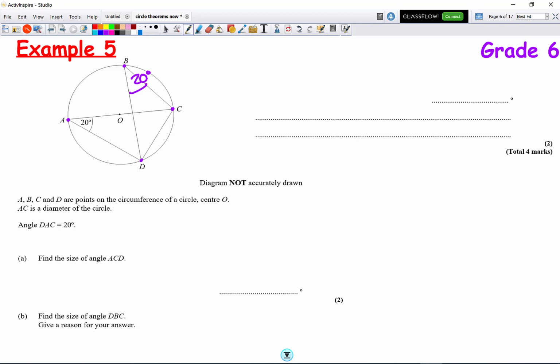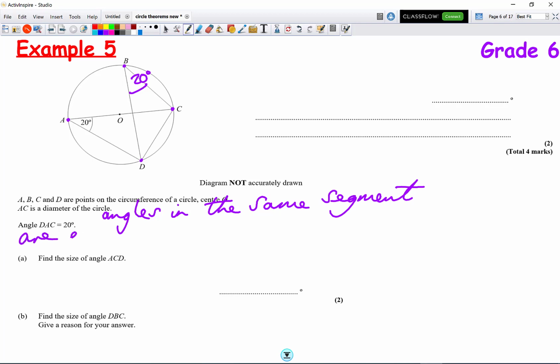So let's write that down. The angles in the same segment are equal. Make it really clear to the examiner that angle DBC is equal to 20 degrees.